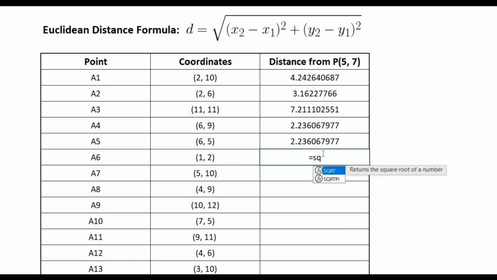So the next, square root, 5 minus 1 whole square plus 7 minus 2 whole square, bracket close, 6.40.